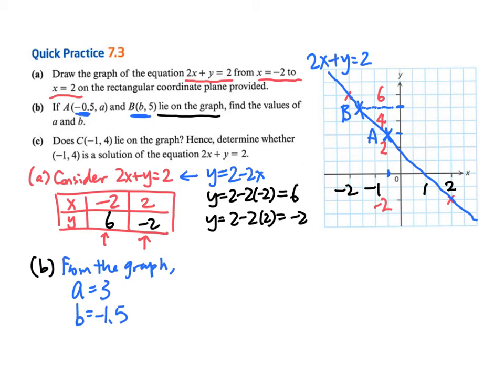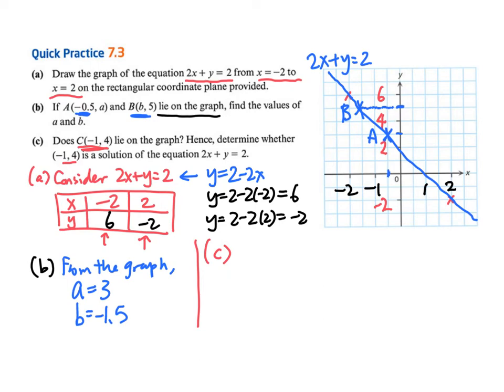And then we can move on to part C. The question asks whether this point lies on the graph, and hence you have to determine whether negative 1, 4 is a solution. Again, you can substitute the point and separate the left hand side and right hand side in order to solve the question.